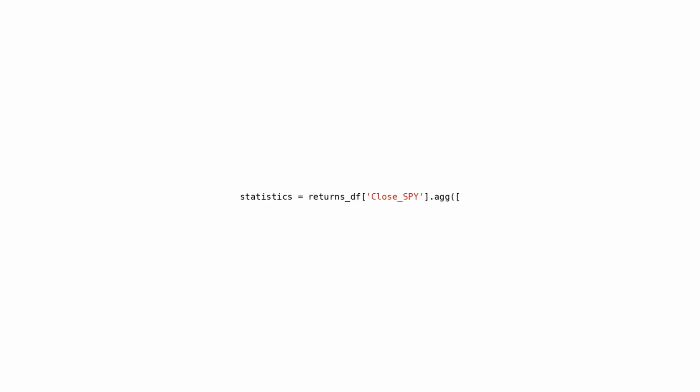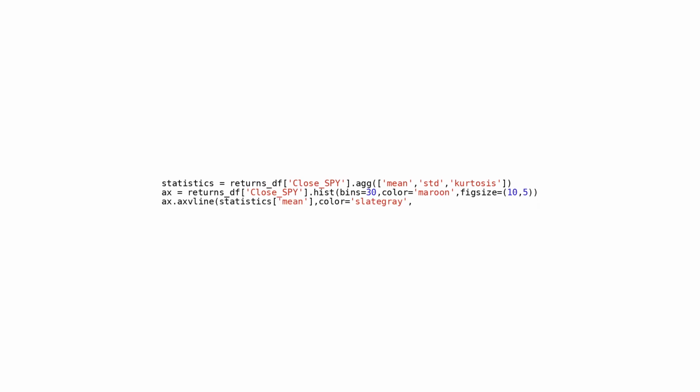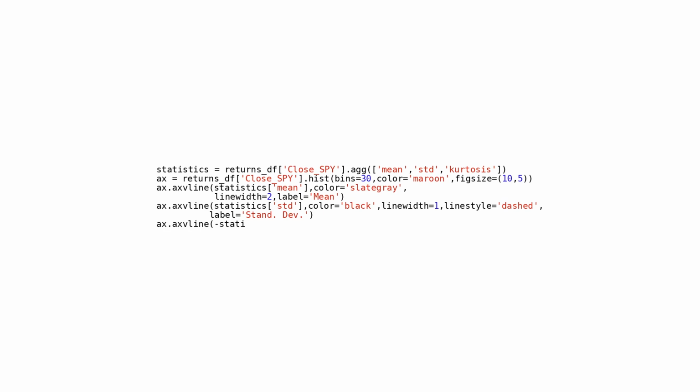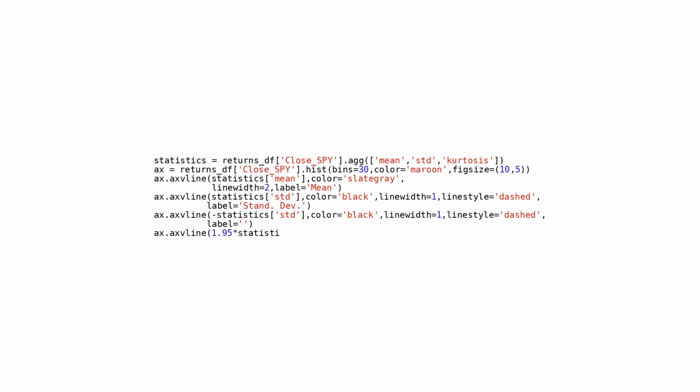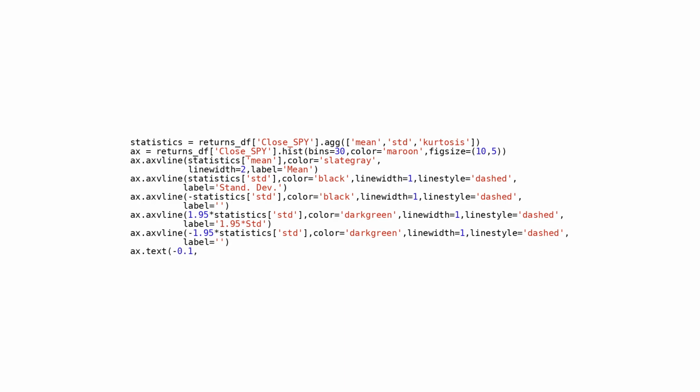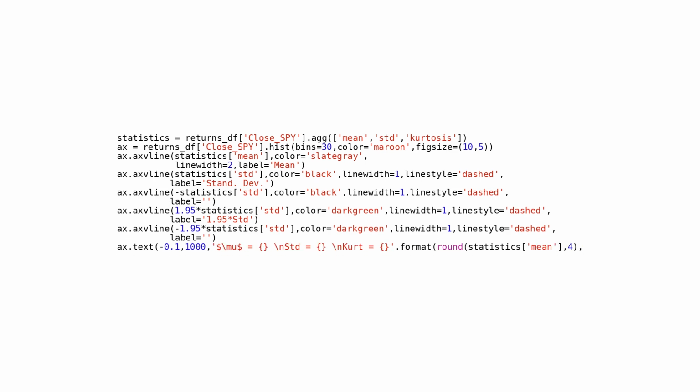This code examines how returns are distributed for a stock, denoted by the variable close_SPY. The AGG function is used to calculate the average, variance, and shape of the returns in a dataset. It generates a graph showing the distribution of returns using 30 bins and colored in maroon. Vertical lines are added to the histogram to show key values such as mean, standard deviation, 1.95 times the standard deviation, and their negative counterparts.